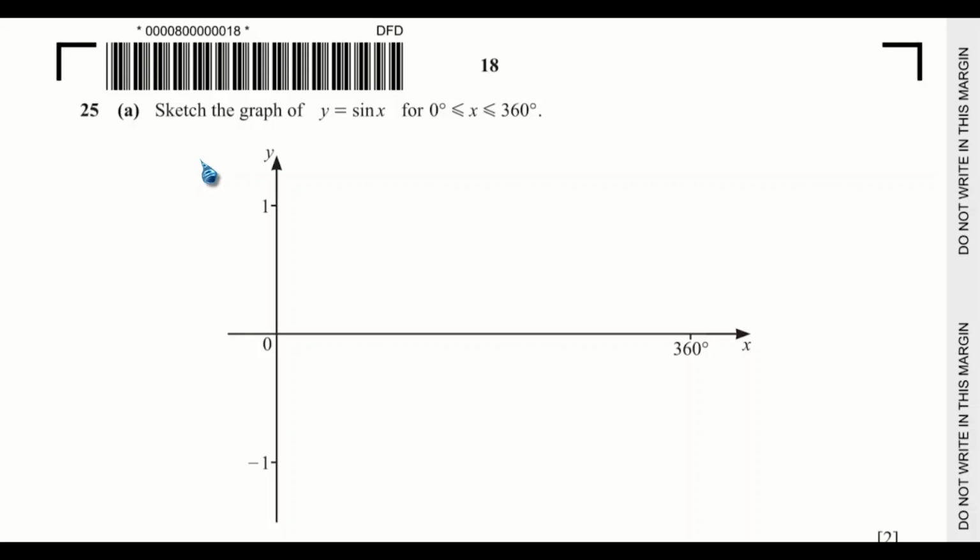Let's go to the next question. Question 25a. Sketch the graph of y equals sine x for this given interval. We know that sine 0 equals 0, so we're going to start from here. Then at 90 it will reach the peak here. Then it will come back to 0 at 180 degrees.